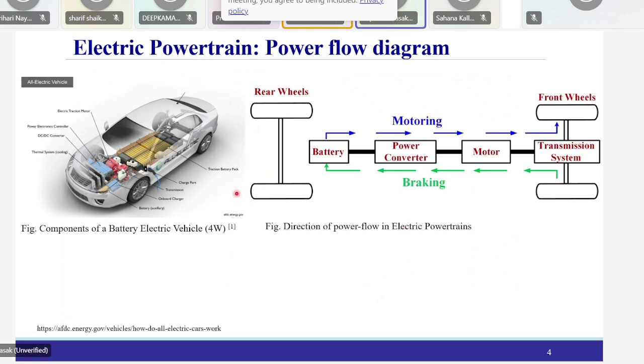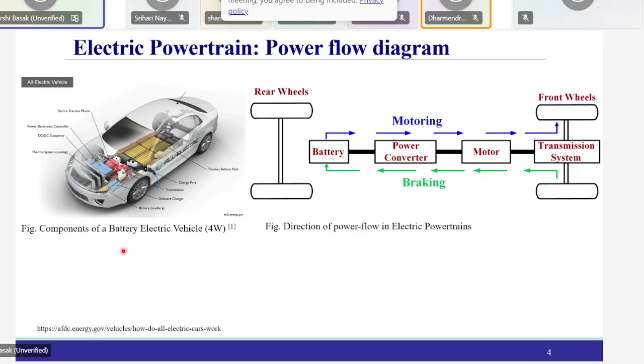Now, if we talk about the electric powertrain of a battery electric vehicle, and try to see the different components, one of the major components is the battery itself, and it forms the major cost. But followed by that, there is another important component which is used for propulsion as well as for braking, that is the motor.